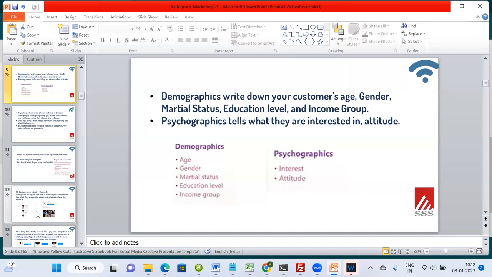Now, we have to understand the psychographics, the interest and the attitude. What type of people will be interested in our page, and what will be their interest? Young people will be interested in technology, and also in sports, maybe football, maybe cricket, then movies.